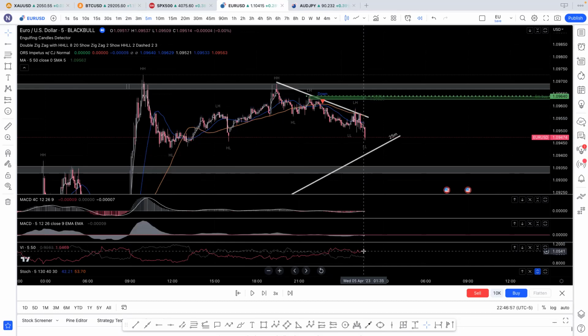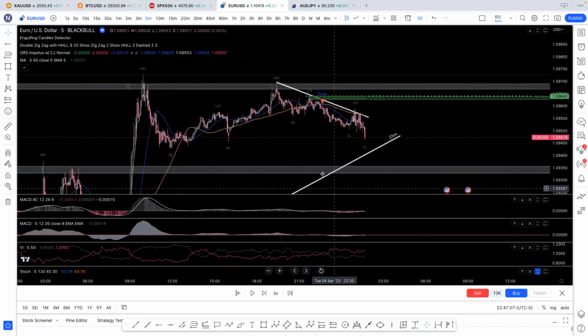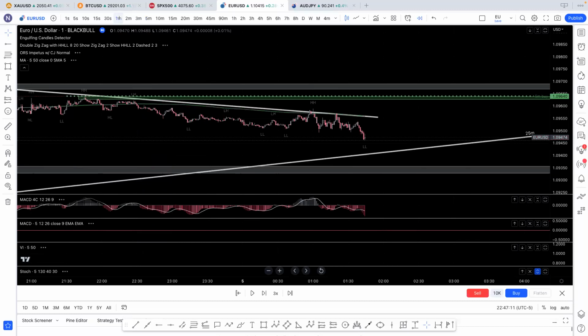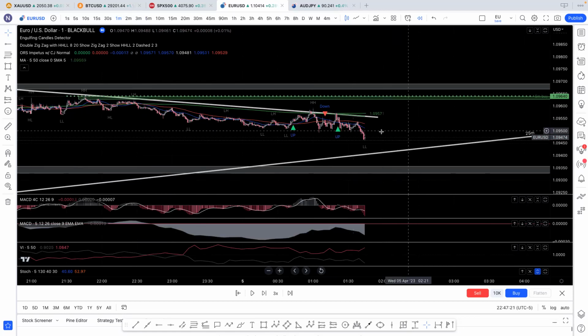There is an expansion right here. The vortex is separated, and it looks like I'm beginning to get some volume on the MACD. All right, so I'm going to drop down to the 1 minute time frame to see if I can get a pullback for an entry.